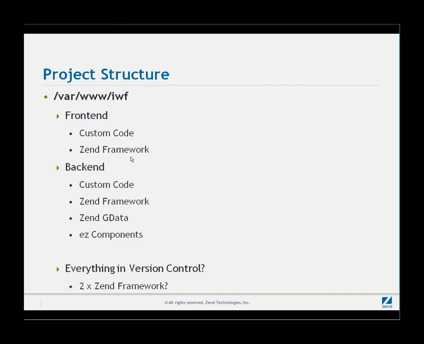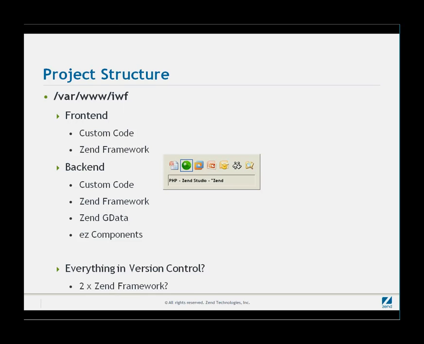Much easier to have it in a separate project and then link those projects together so that you have one master project, which has your custom code in it and refers to the library project.